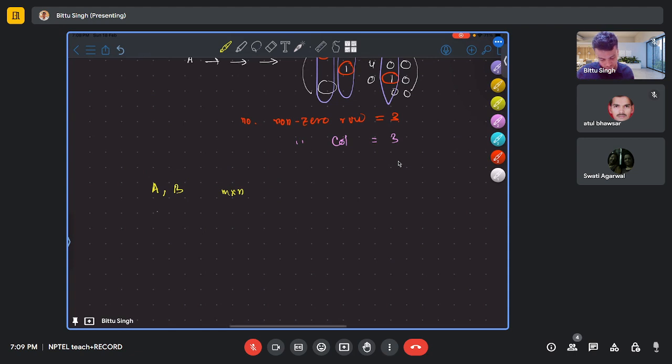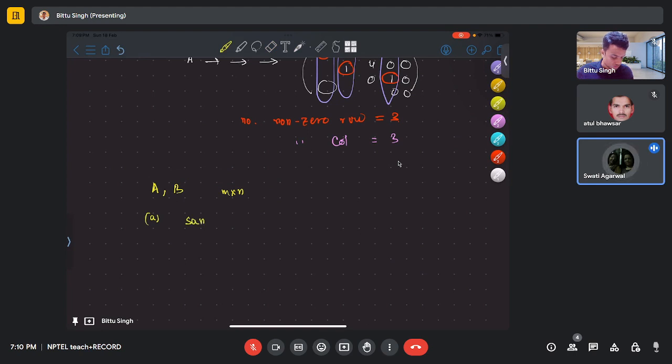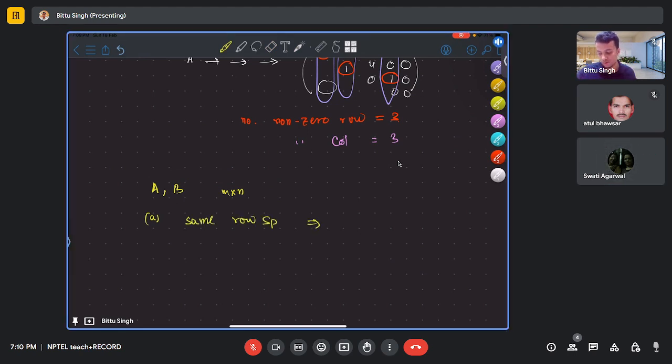So, A, B have the same row space. This will automatically imply they will have the same row echelon form. It is true. Then the next question is: if A, B have the same reduced REF, then they have the same row space.